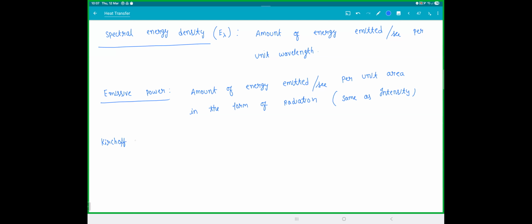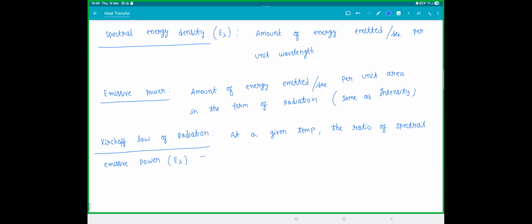Kirchhoff's law of radiation. This says that at a given temperature, the ratio of spectral emissive power, that's your E lambda, to spectral absorptive power is constant.